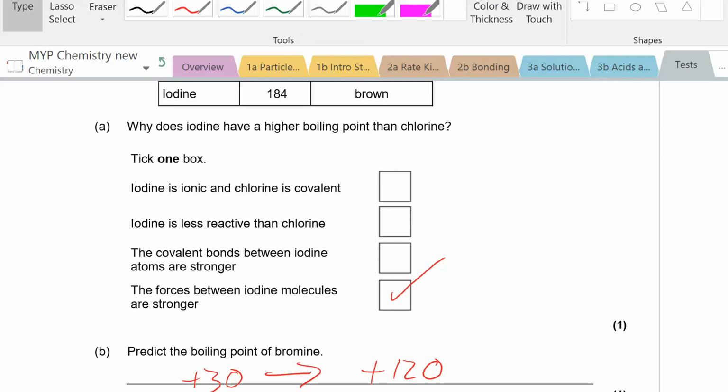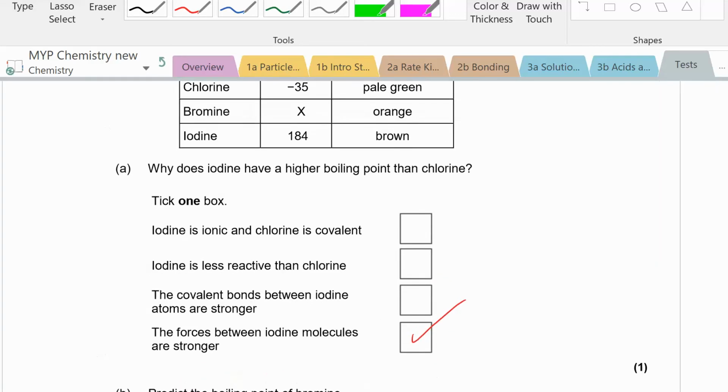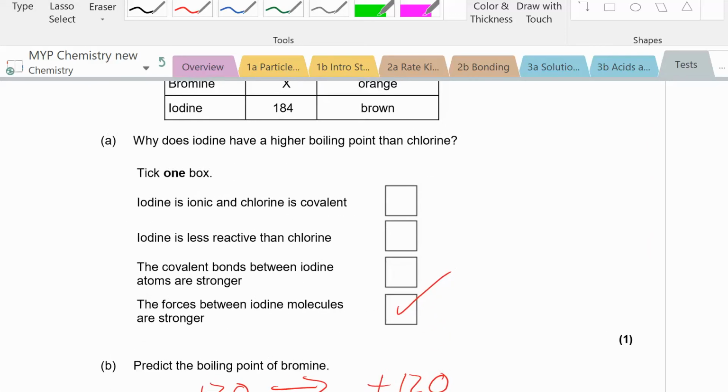Why does iodine have a higher boiling point than chlorine? Iodine is ionic and chlorine is covalent. Well, that isn't true. They're both in the same group. They both form covalent bonds with themselves. Iodine is less reactive than chlorine.